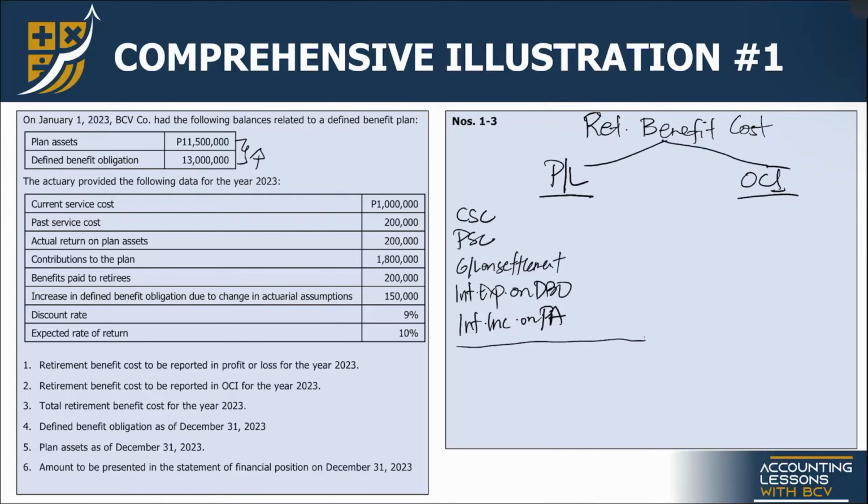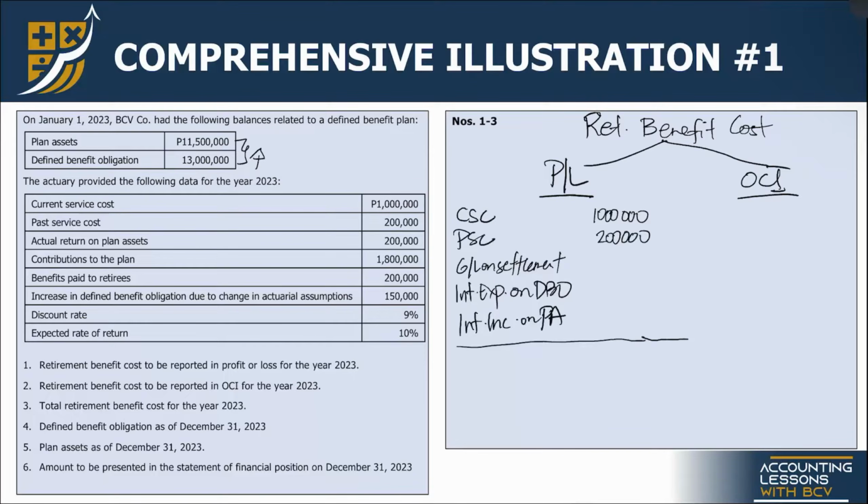Okay? Sige. Current service cost, how much? 1 million. Past service cost? Next. Do we have gain or loss on settlement? Based on the data provided by the actuary or the entity that performs actuarial procedures for the company, may binigay ba regarding or nag-i-indicate na may premature settlement?